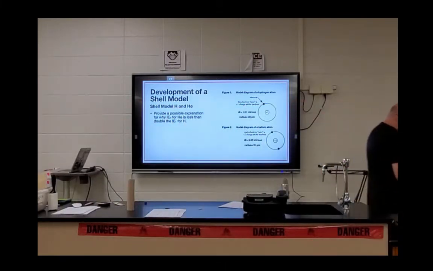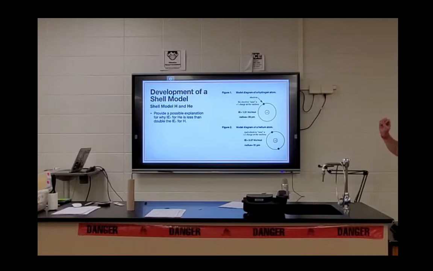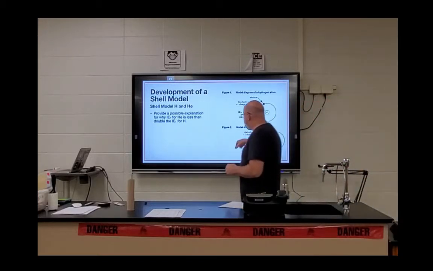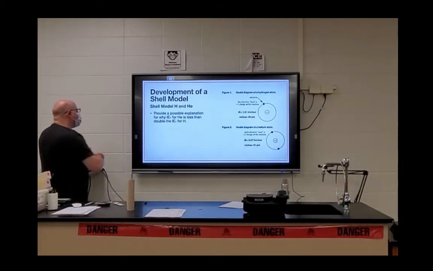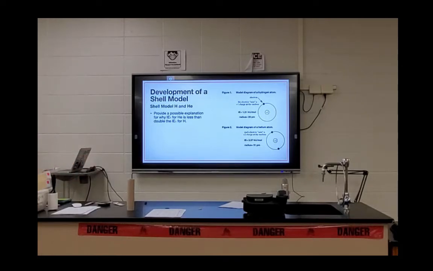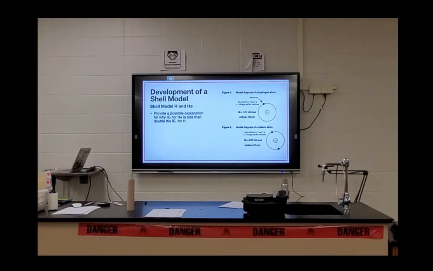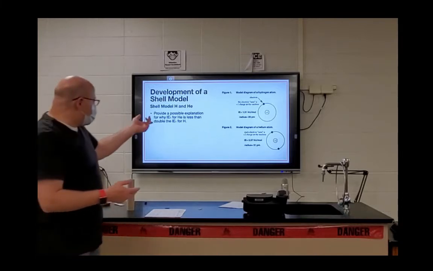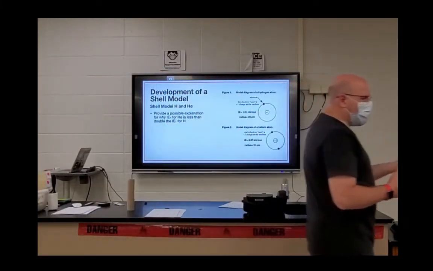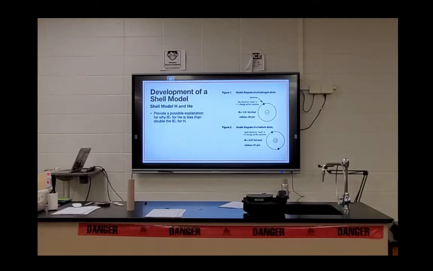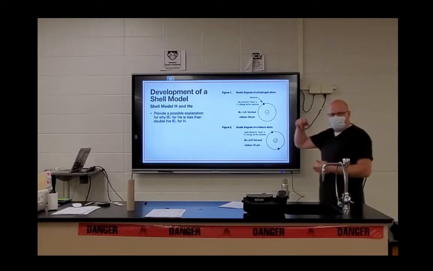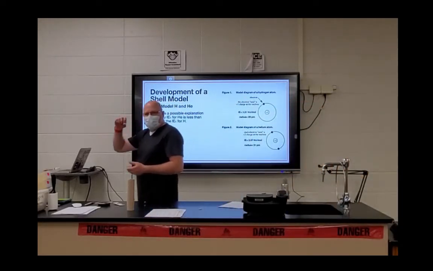In our hydrogen and helium question, provide a possible explanation why the ionization energy for helium is less than double that for hydrogen. On the previous slide, we were looking at why it should be approximately double. And that goes to the nucleus. Between hydrogen and helium, we double the number of protons, which means we're doubling the numerator of V equals K Q1 Q2 divided by D, right?